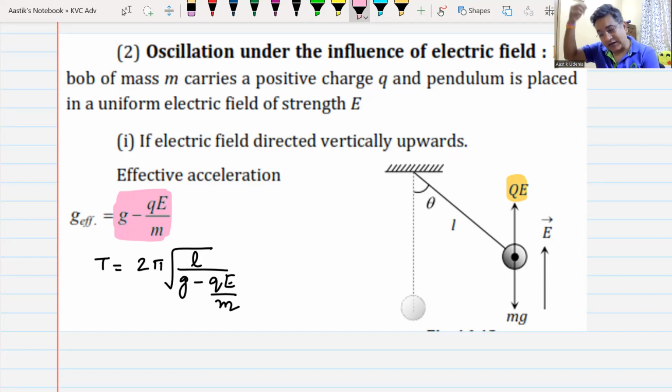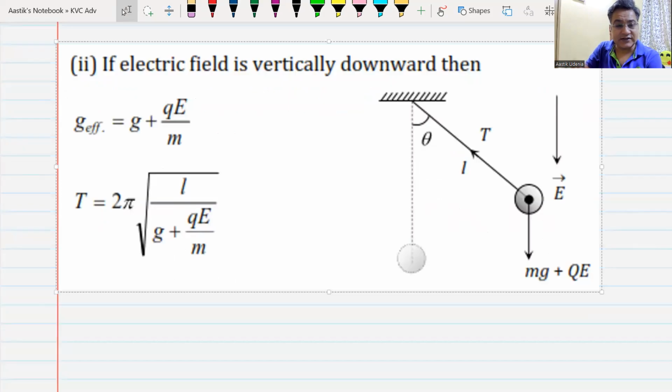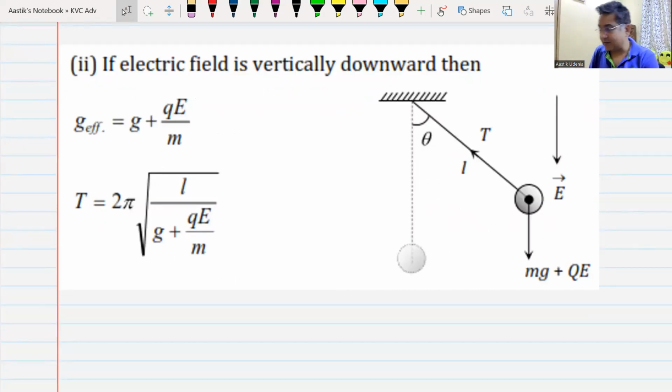If the charge is negative, it will experience force in the opposite direction. So in the first case the electric field was upwards, in the second case it is downwards. Now I'll give you 2 minutes. You can draw both the cases and note down their results.